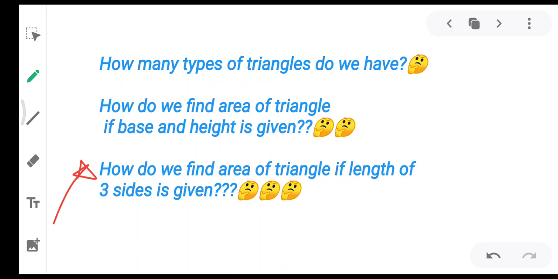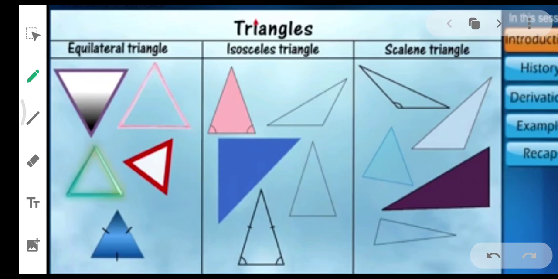Okay, so let's begin. You can see here there are different types of triangles based on sides. If all the three sides of a triangle are equal, then we call them equilateral triangles. And if any two sides of a triangle are equal, you can see these two sides are equal, this type of triangles are called isosceles triangles.